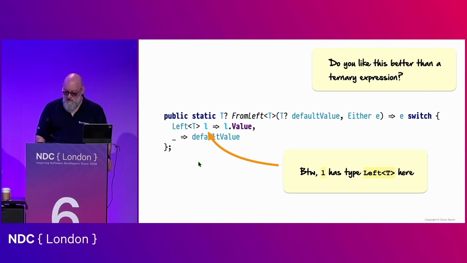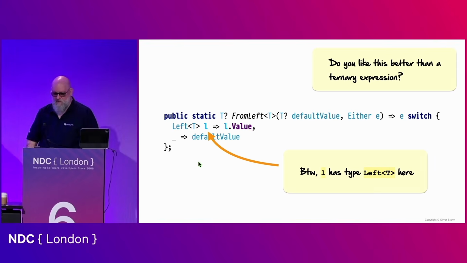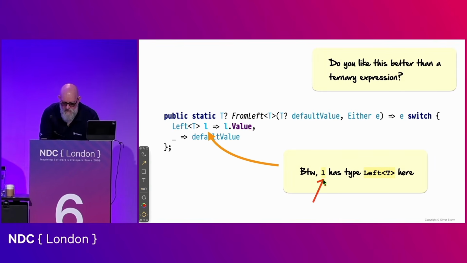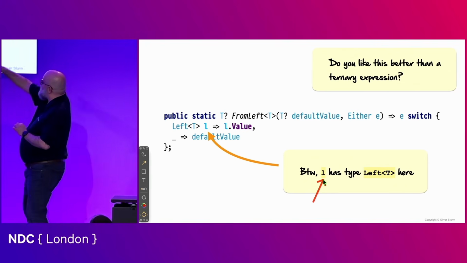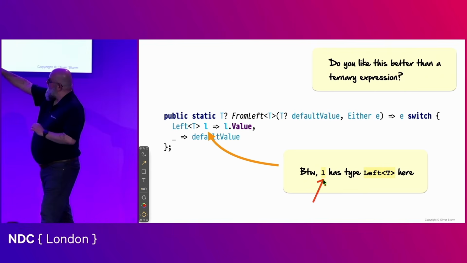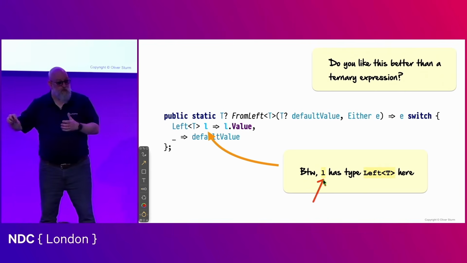So that's interesting. I was going to point out that there's a comment down here that says, in this case the variable L also receives the type of the match. Originally my E was Either, and now my L is a Left of T, so that I can dereference L.value, which is kind of cool.